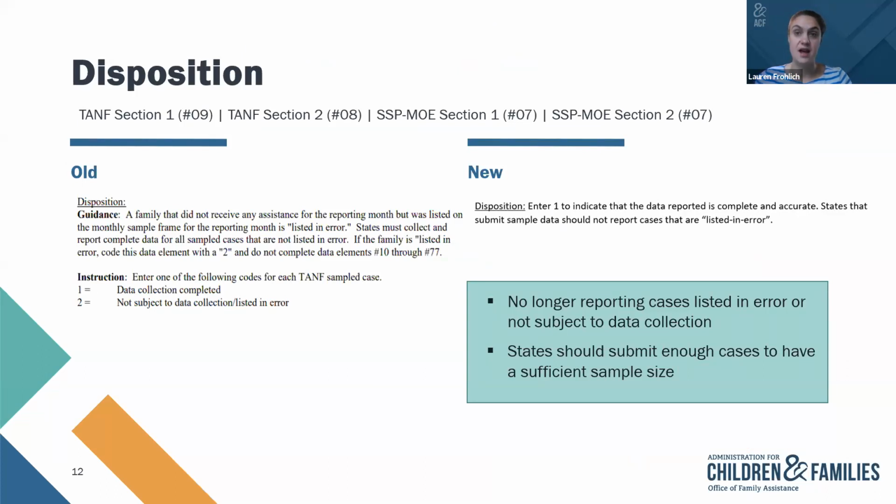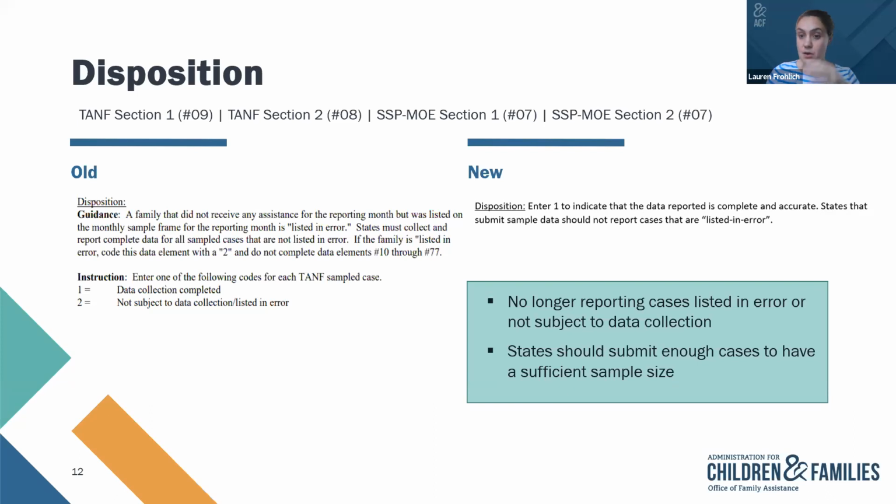So instead of telling us whether data collection was completed or not subject to data collection and a family was listed in error, we don't need to know that information. If a case was listed in error, it should not be reported and it should be removed when you resubmit that data. So that's really the gist of it. We're no longer reporting cases listed in error or not subject to data collection.